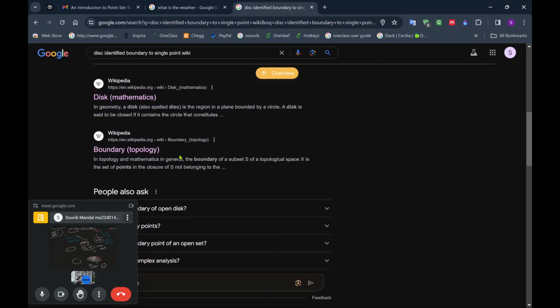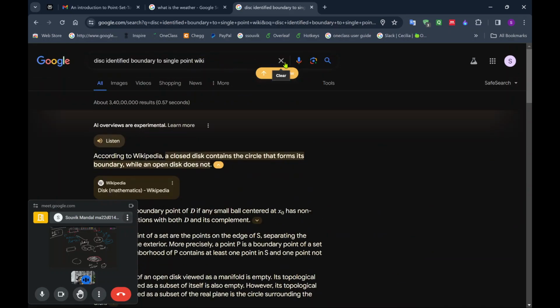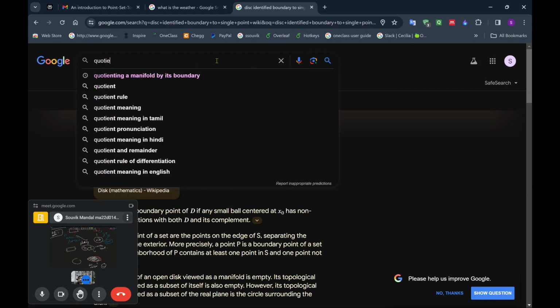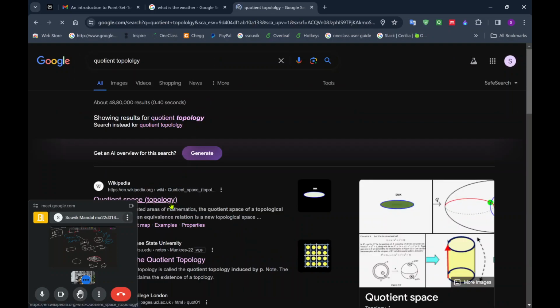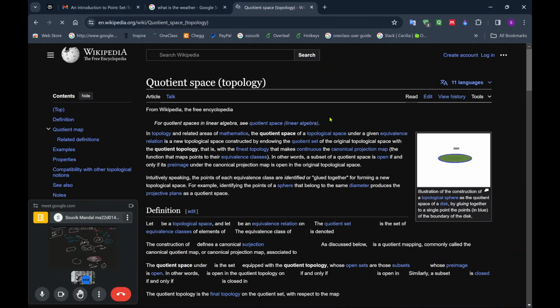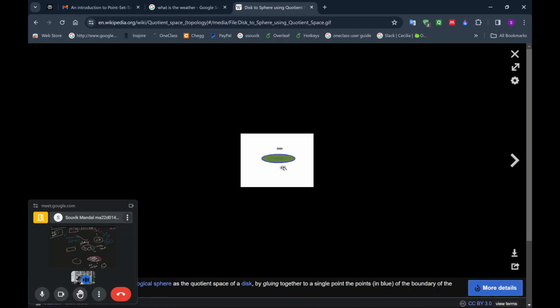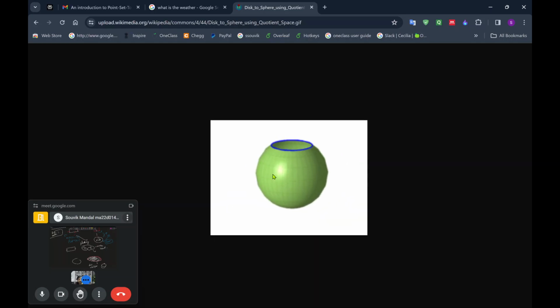So this is the disk with the boundary, and you can see that as the boundary is identified, it gradually goes to a sphere.